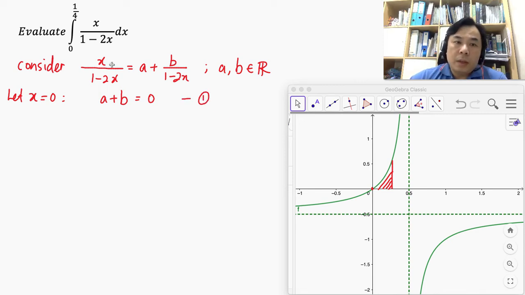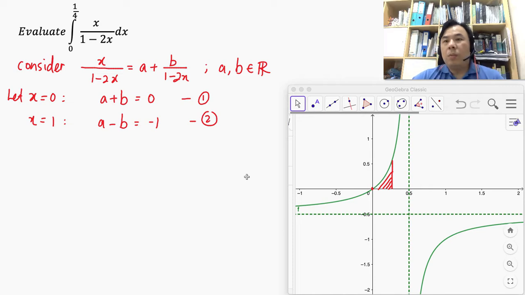After that I can substitute, for instance, x equal to 1. So my left hand side would be negative 1, and on my right hand side, putting 1 here, I should yield a minus b equals negative 1. Now that will be my second equation.